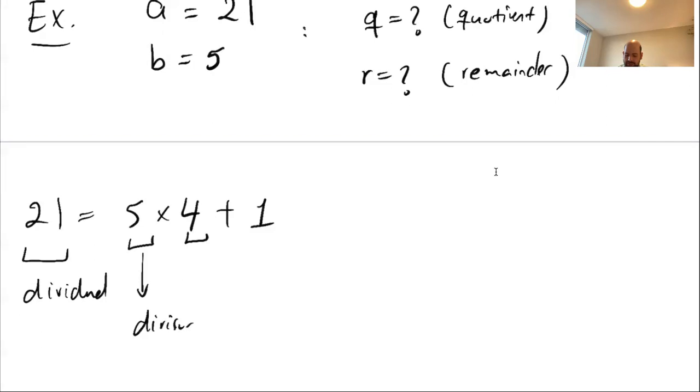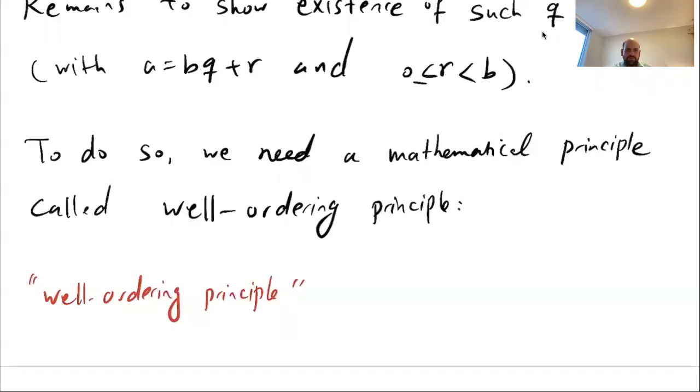So the well-ordering principle, it's a very simple principle and looks obvious, but it has lots of applications. This principle simply states that every non-empty subset of natural numbers has a smallest element.